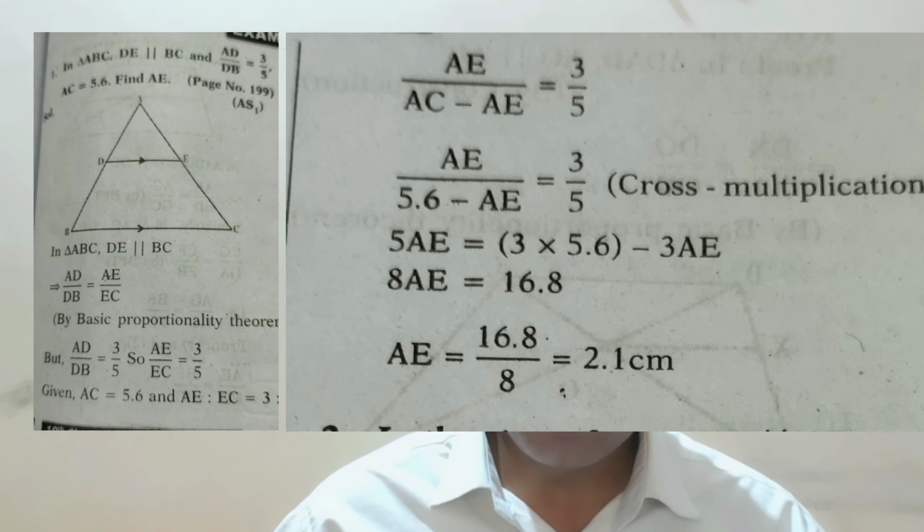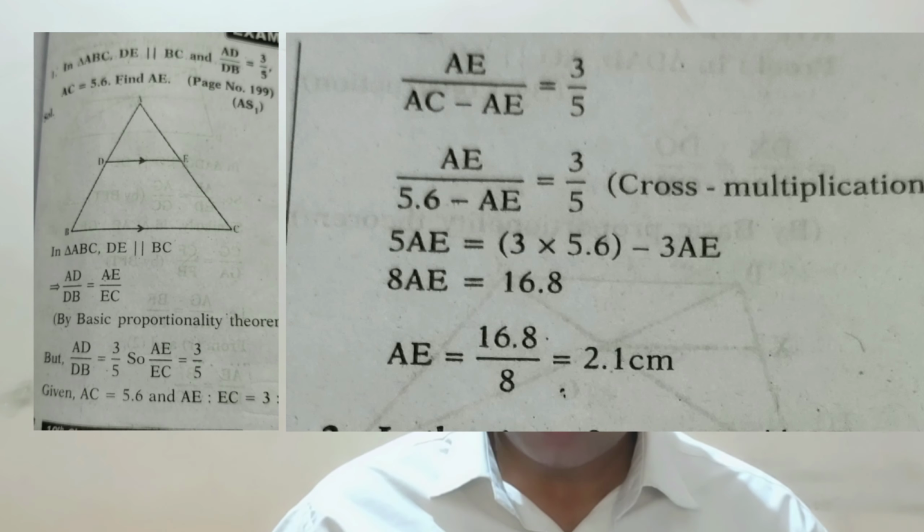In triangle ABC, DE is parallel to BC and AD by DB equal to 3 by 5, AC equal to 5.6, find AE.